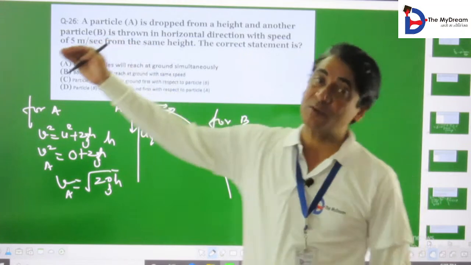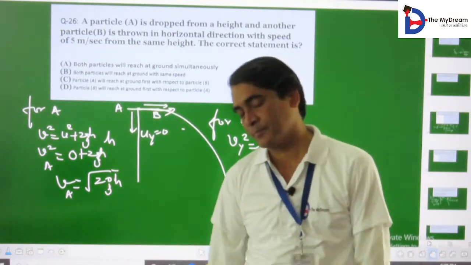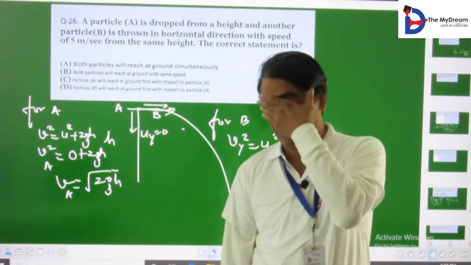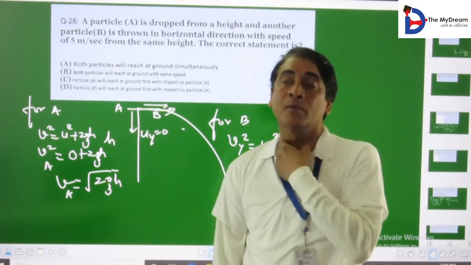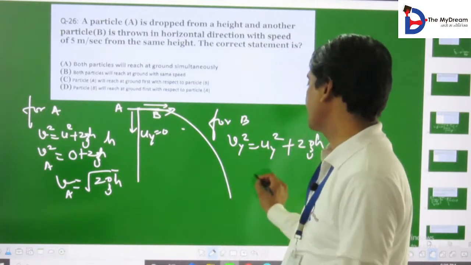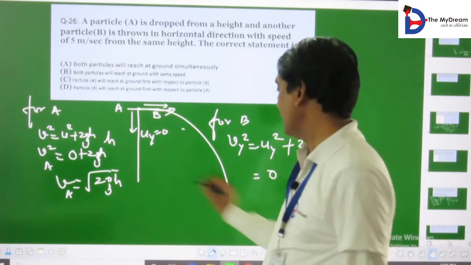When an object is thrown horizontally, I have already told you so many times, so what is the velocity here? 0.